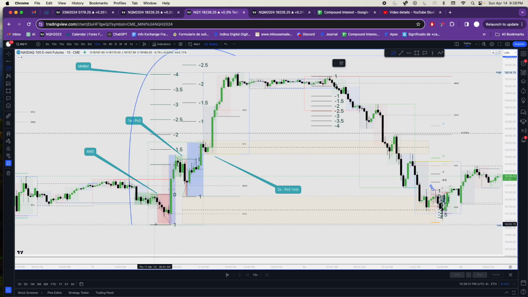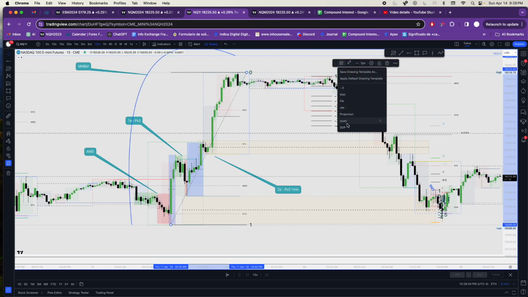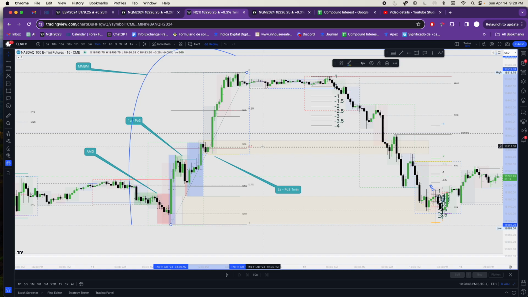If we look and see where we are, so there's a premium and discount. We're still in the premium. This is a very, very high premium.